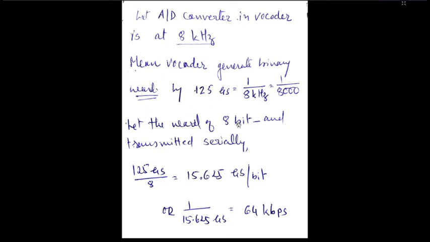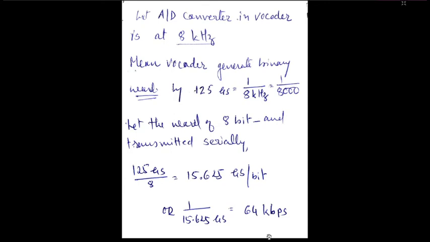So let one word be 8 bits, transmitted serially, then 125 microseconds divided by 8 is 15.625 microseconds per bit. To transmit a 1 bit signal you require 15.625 microseconds, or you can say 1 over 15.625 microseconds, that means bits per second. So that becomes 64 kbps, kilobits per second.